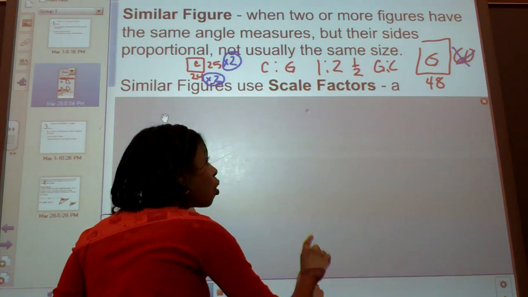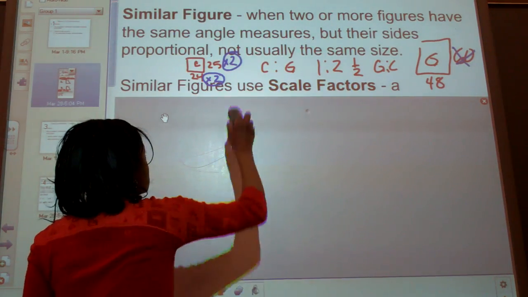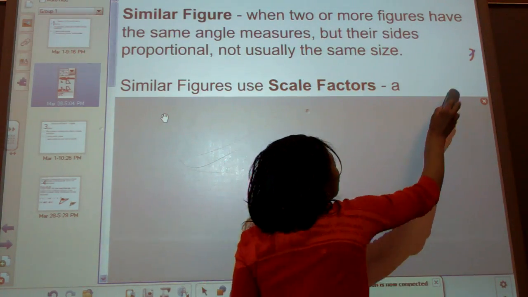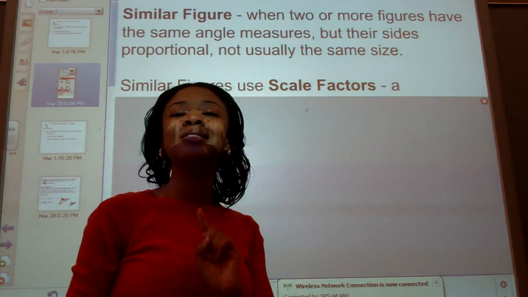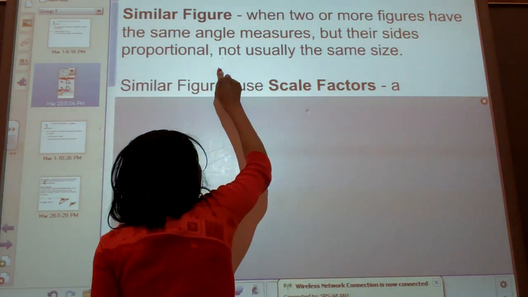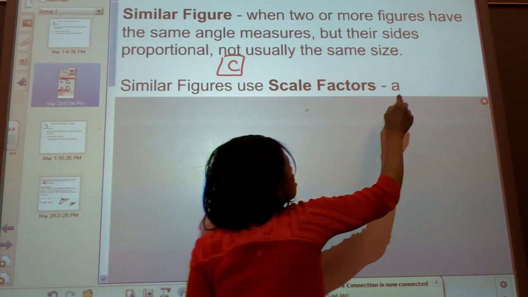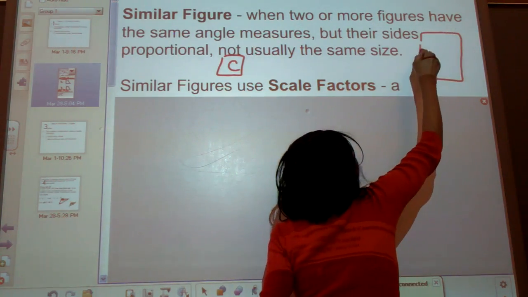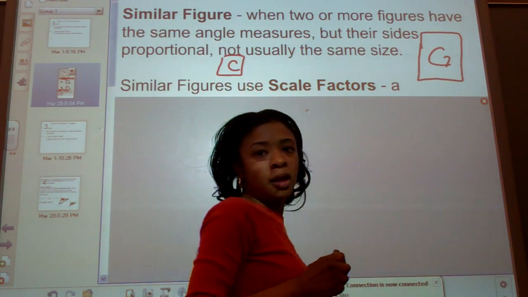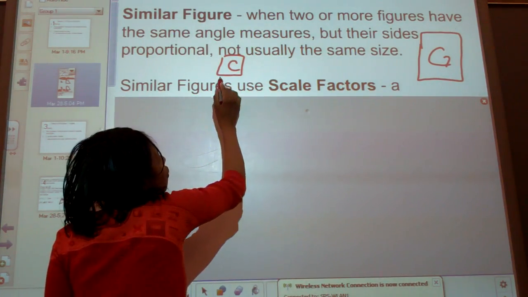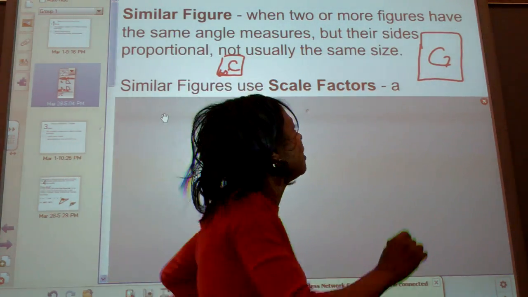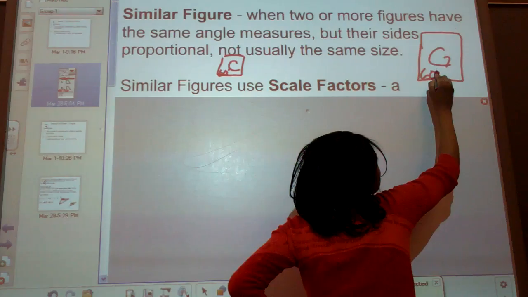Now, what's going to be true also about similar figures is this. When I look at similar figures, their angle measures will be exactly the same, regardless of the size. So if this is my classroom, and this is the gym over here, if this angle was 60 degrees, that exactly means that this angle here on the gym is 60 degrees.